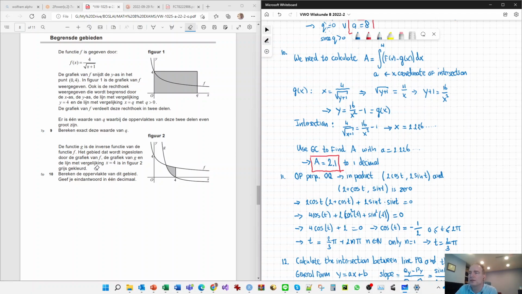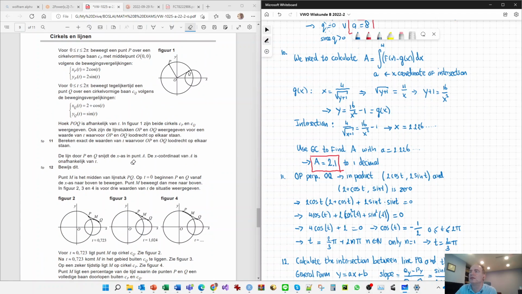Okay, next question. Circles. For t in this range, a point P is moving along a circle with center 0, 0, and this has the equation of motion given here, which makes sense.